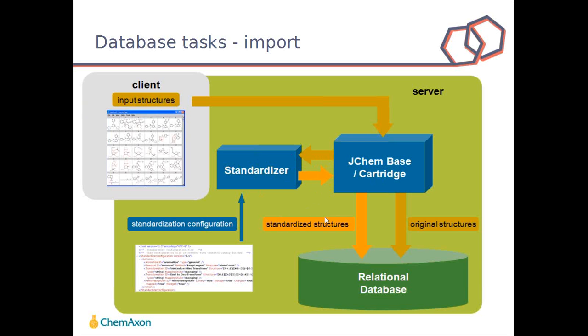For example, it aromatizes every structure, or writes nitro and other groups in the user desired format. And then JChem base stores the standardized structures and the original structures as well in the database.